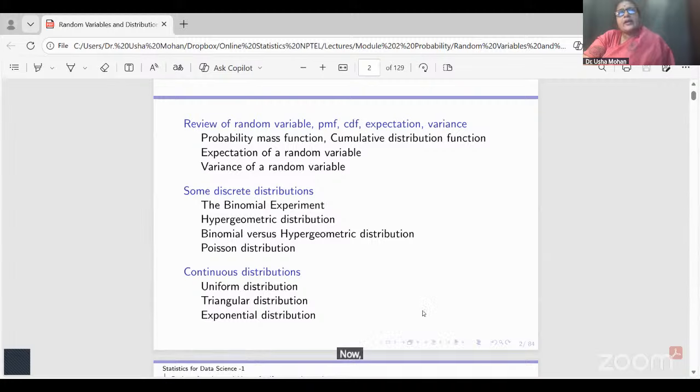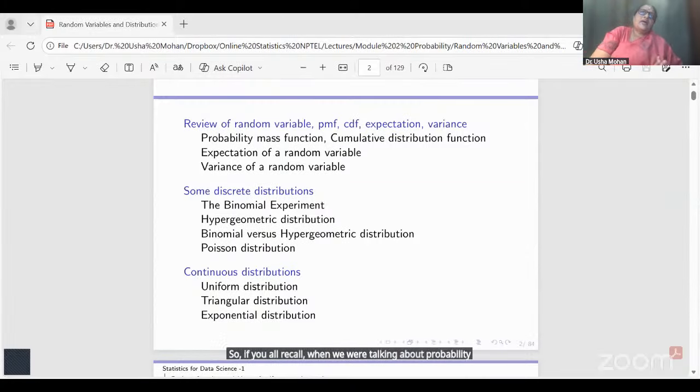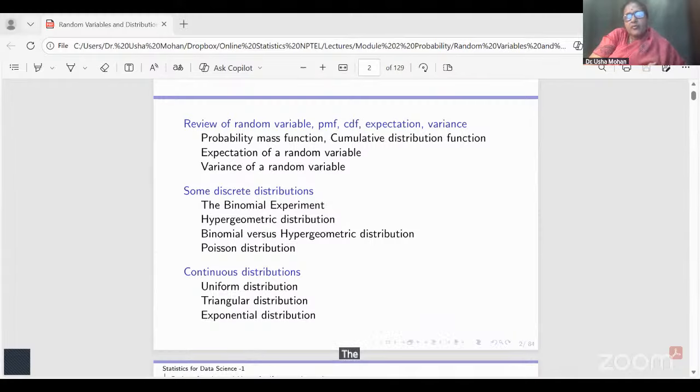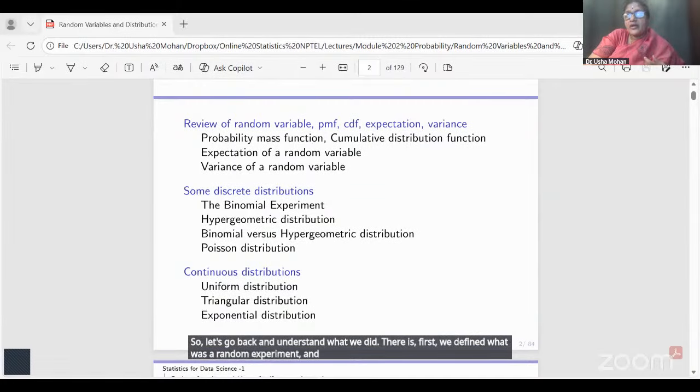Now, why a random variable? If you all recall, when we were talking about probability, the building block for probability was that of a random experiment. First we defined what a random experiment was, and then from a random experiment, we defined the sample space.